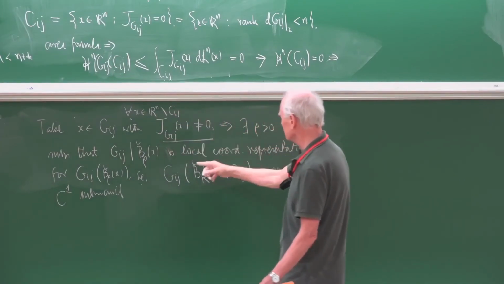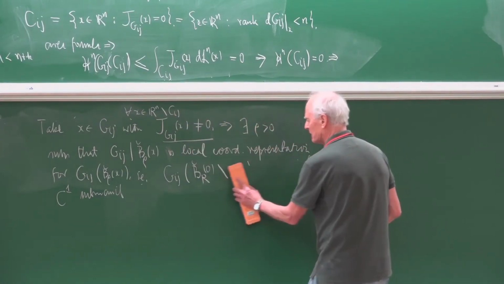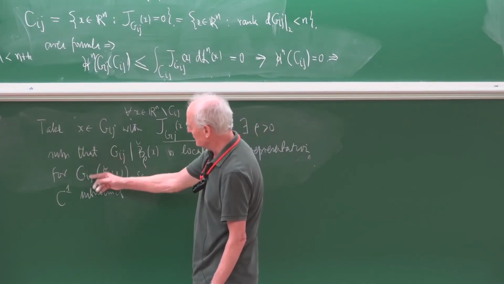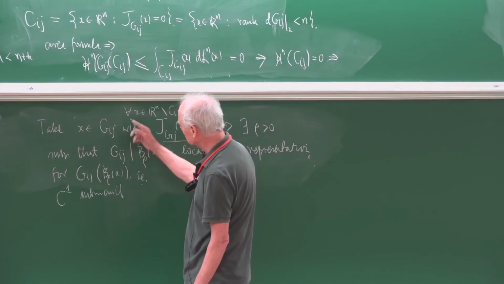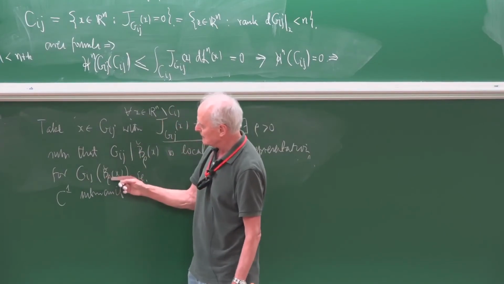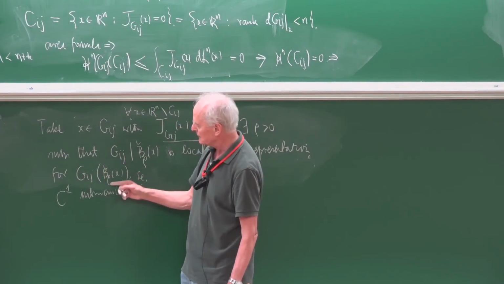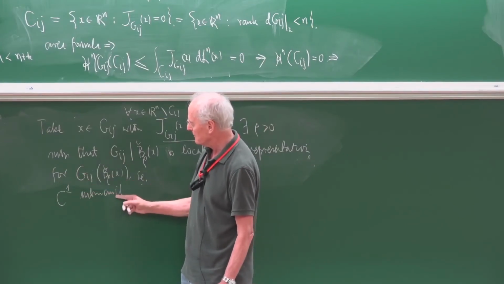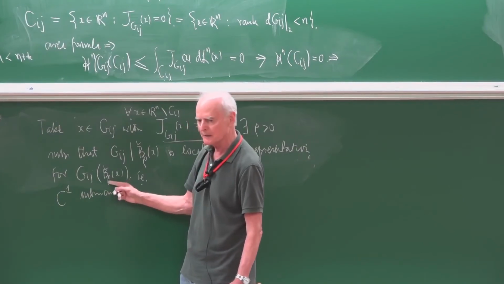You can do this. So that means that for each point x in that set, this gives you some radius rho, maybe small, where this is a C1 submanifold, n-dimensional C1 submanifold.